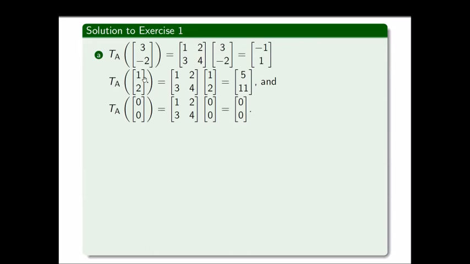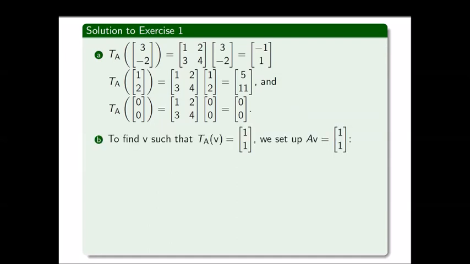Similarly, TA of the vector (1, 2) is going to be the matrix A times the vector (1, 2). And TA of (0, 0) is just going to be (0, 0). Note that no matter what matrix I had here, if my vector was (0, 0), we would always get (0, 0) as an output. And that's actually, as we will learn, a very crucial property of linear transformations in general.